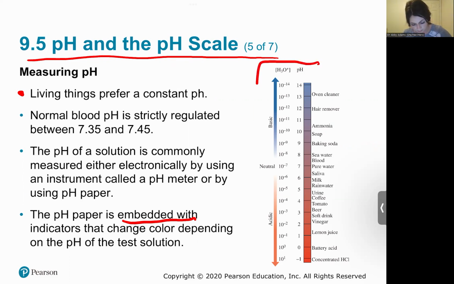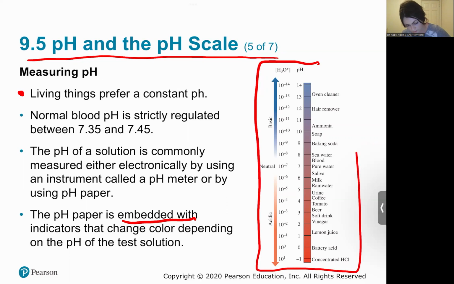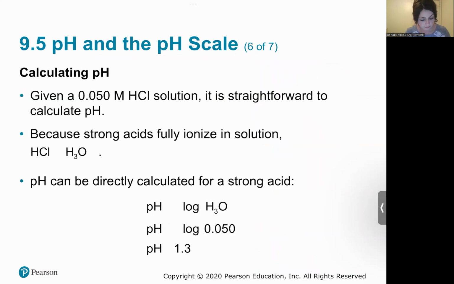And so if you look here, it's another scale, a pH scale that is just showing you what numbers are neutral relative to the concentration of hydronium ions, and some examples of everyday items that are those pHs.